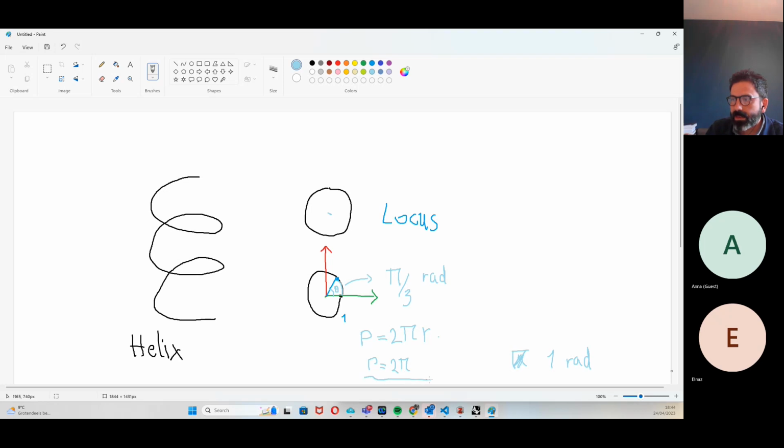If the entire pizza has a perimeter of 2 times pi, and it also spans 2 times pi radians, if I want 1 radian of the pizza, how much of the pizza is that going to be, roughly?